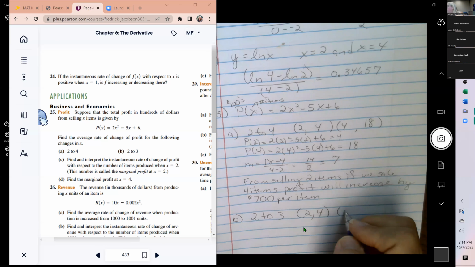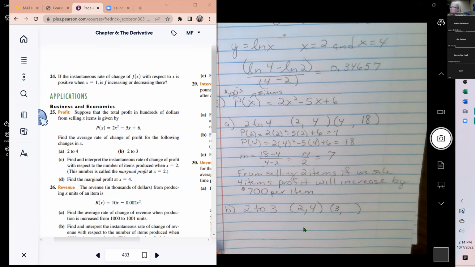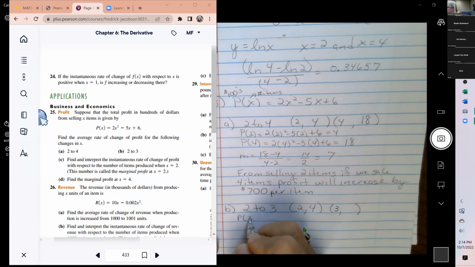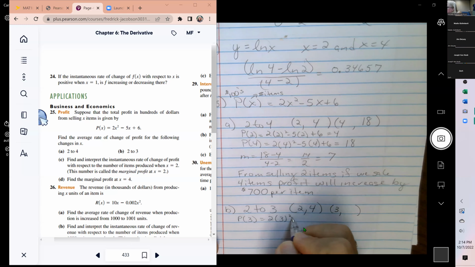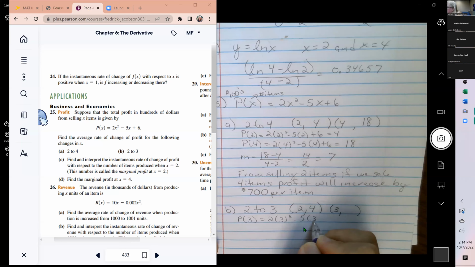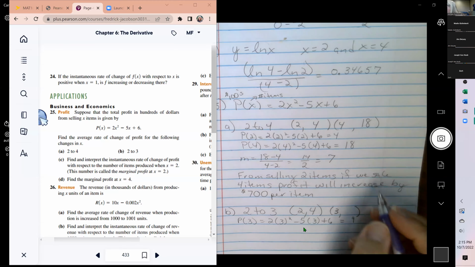What do we get for the Y value when we plug in 3? You're getting 9.